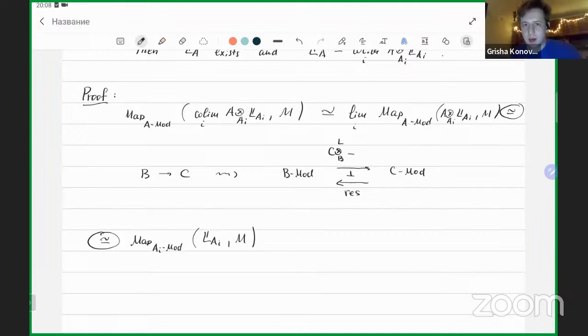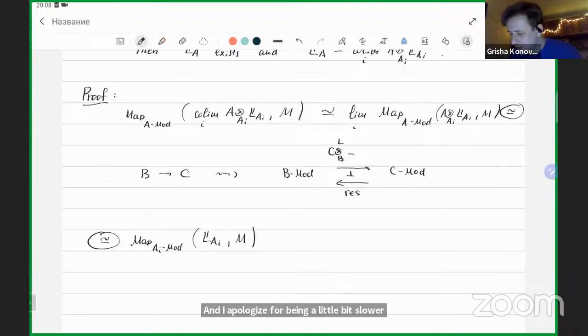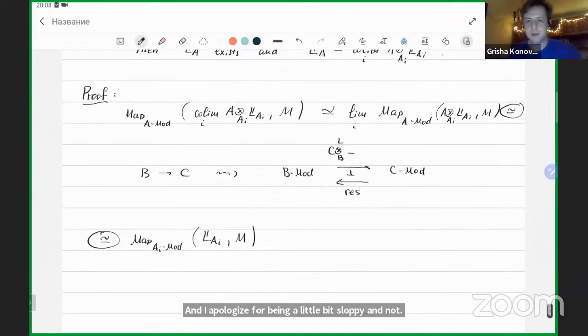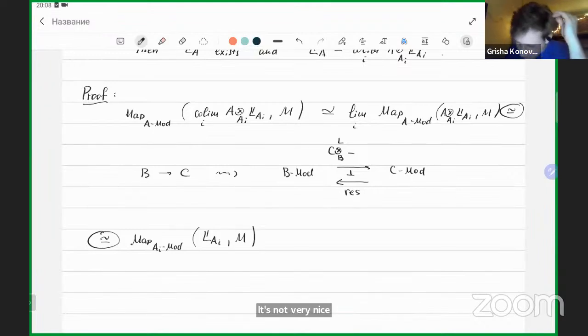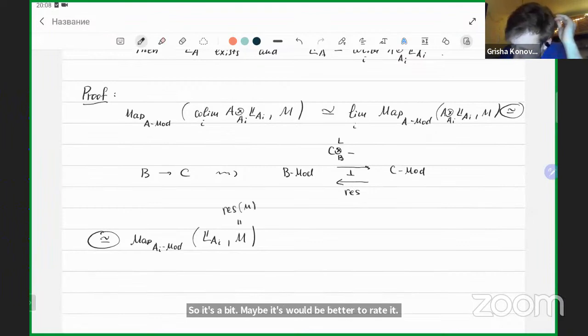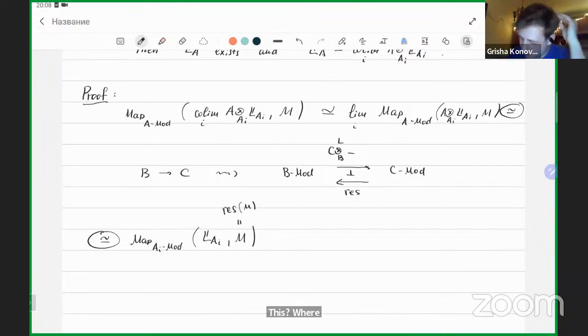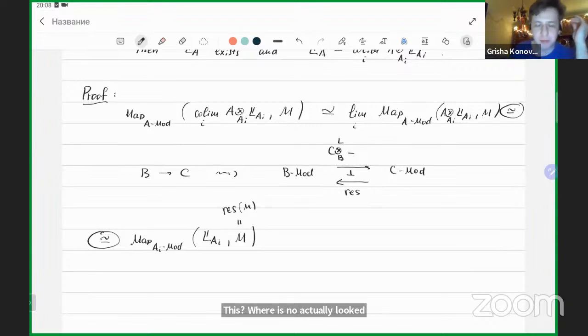And I apologize for being a little bit sloppy and omitting the forgetful functors from my calculations. I hope it's not very annoying. Maybe it would be better to write it as res actually, but if there are no complaints, I will keep doing what I was doing.